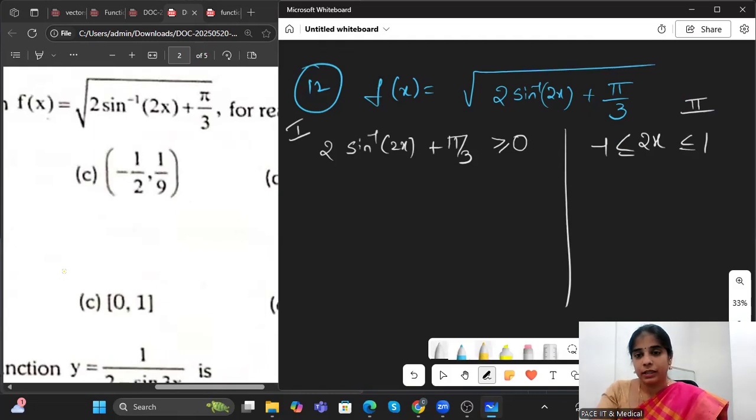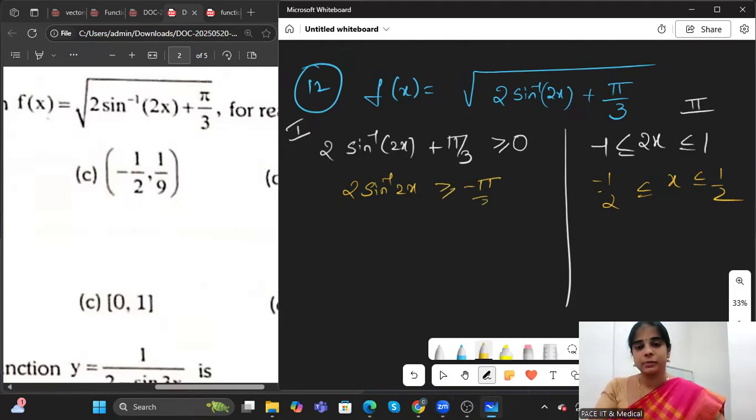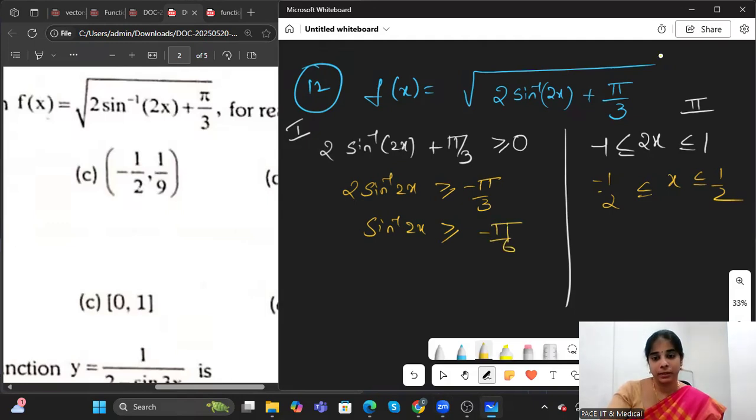So this part I think I can go with minus 1 by 2 less than or equal to x less than or equal to 1 by 2. Now this is 2 sine inverse 2x greater than or equal to minus pi by 3, so that means sine inverse 2x greater than or equal to minus pi by 6.